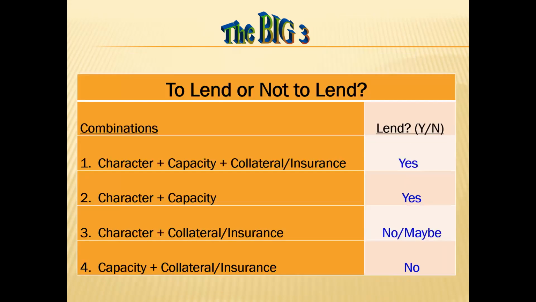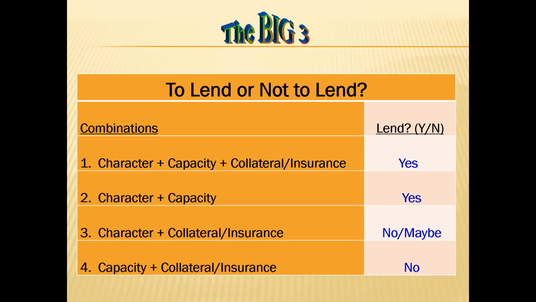And then we looked at some scenarios with combinations for lending or not lending. If the person has good character, good capacity, and good collateral, we said yes, we can lend to that person. If they have good character, good capacity, but not necessarily the required collateral, we said yes, you should still be able to make a decision to lend or not. That's particularly important for unsecured lending.